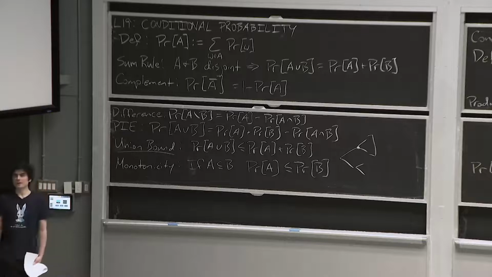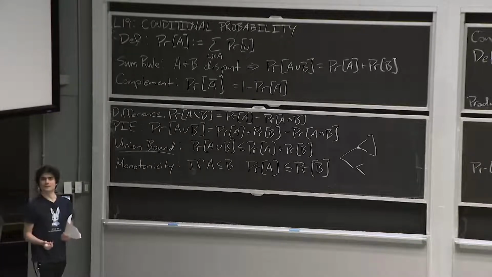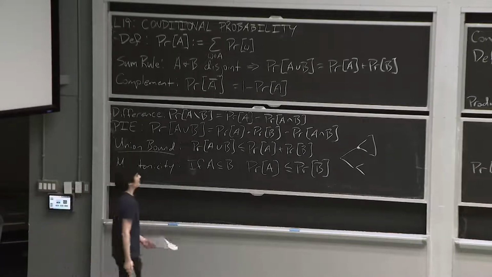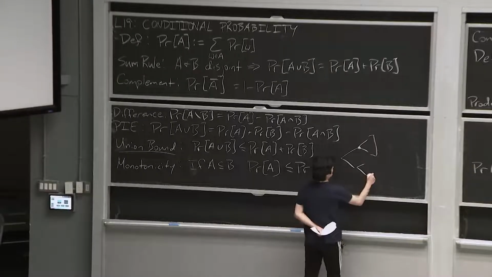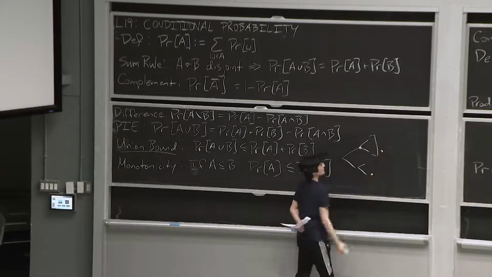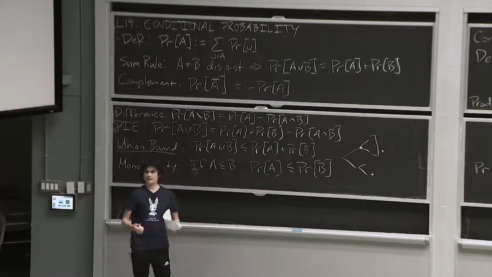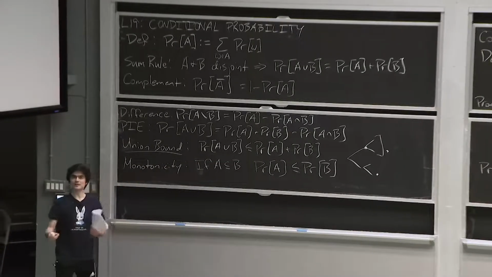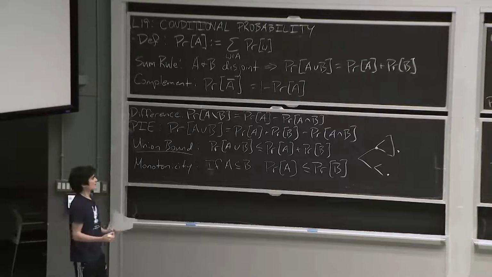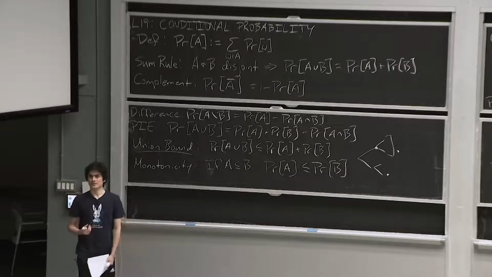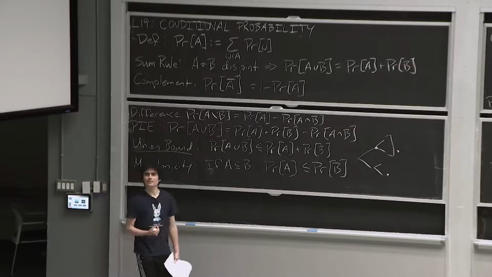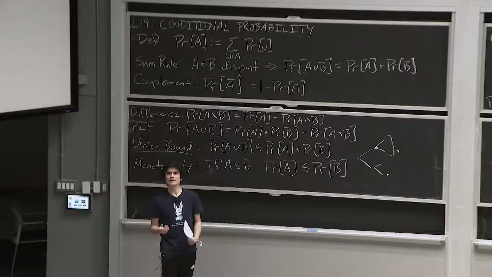But not every event necessarily corresponds to an internal node of the tree like that. For instance, you could have these two outcomes. If you consider the set of those two outcomes, that's still a valid event, but it doesn't really naturally correspond to a tree node in the same way. Does that make sense?